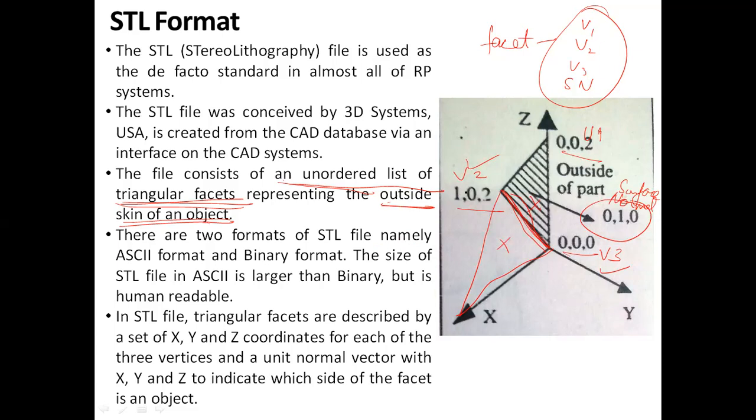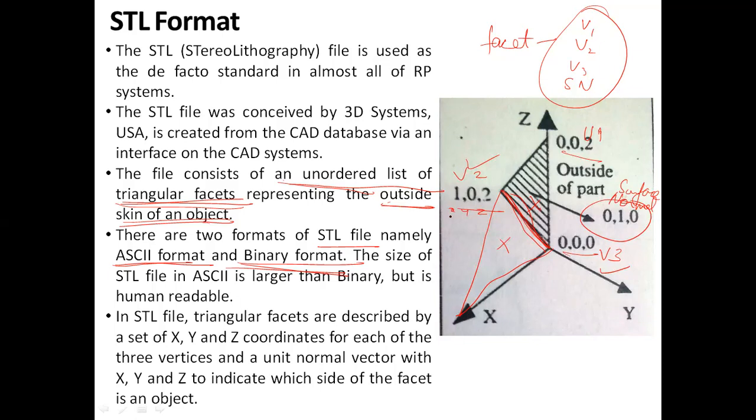Now when you try to save an STL file, you basically have two formats which you can utilize: ASCII format and a binary format. We all know what a binary format is, and in ASCII format you basically get information in terms of X, Y, and Z. Actually the binary format will be smaller, with a lesser file size, but for human understanding and human reading, ASCII format is easier.